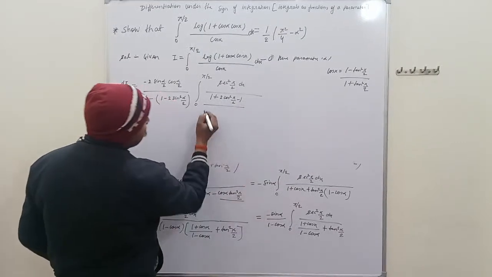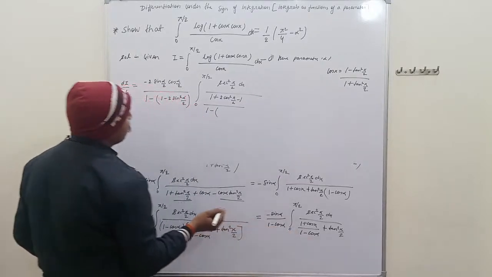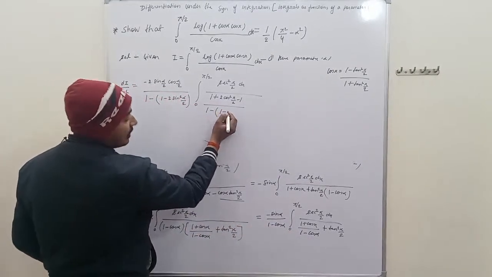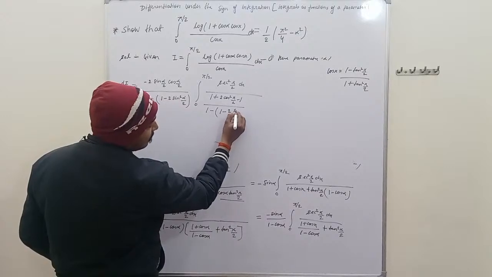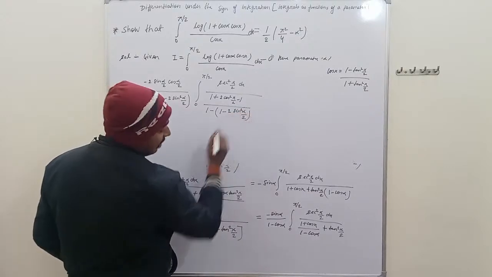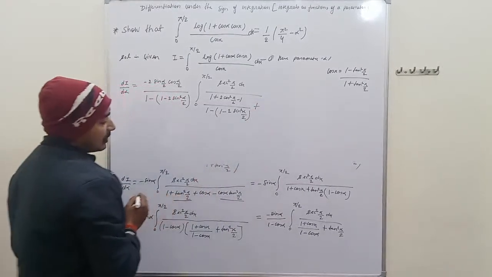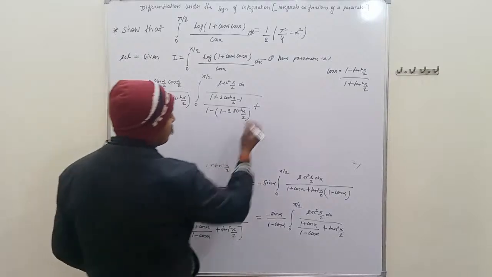Here is 1 minus cos alpha, that is 1 minus, in place of cos alpha we put 1 minus 2 sin square alpha by 2, and here is plus tan square x by 2.